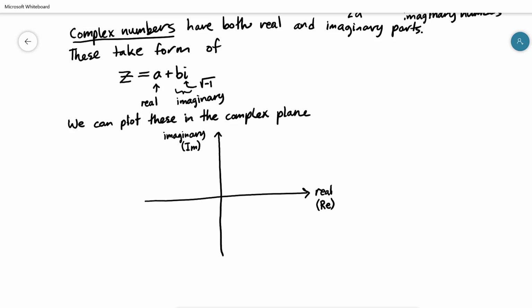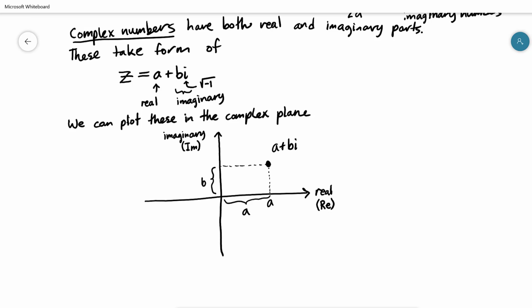And if this is the point that I'm interested in, this is maybe our a plus bi, what it means is we went a distance of a in the real direction, and a distance of b in the imaginary direction.